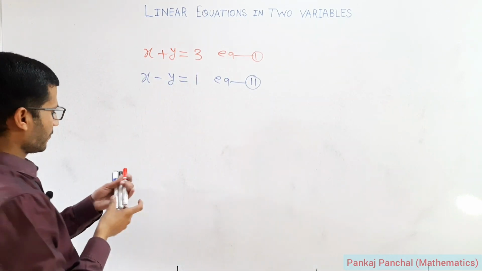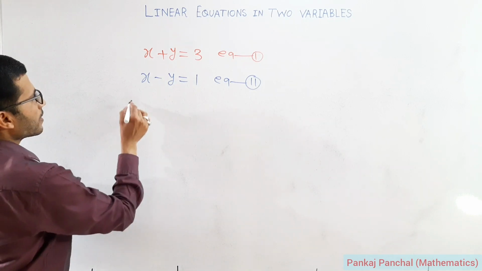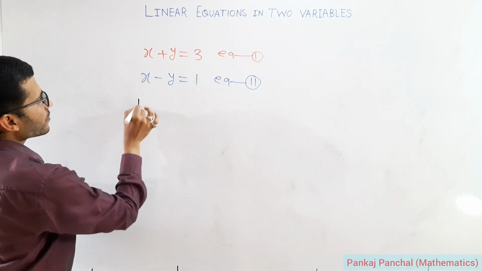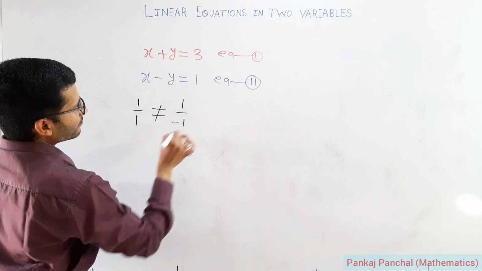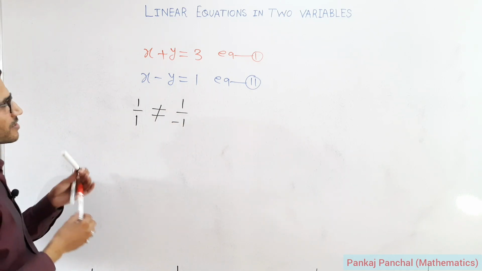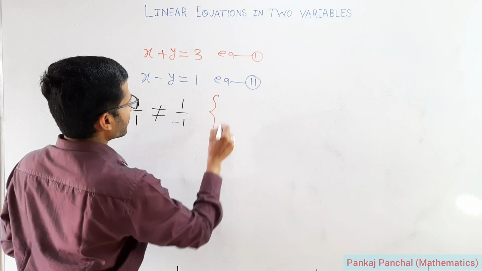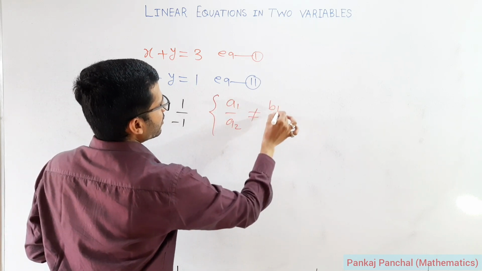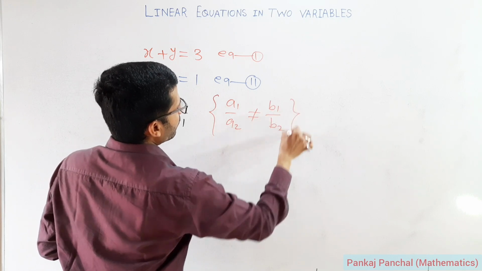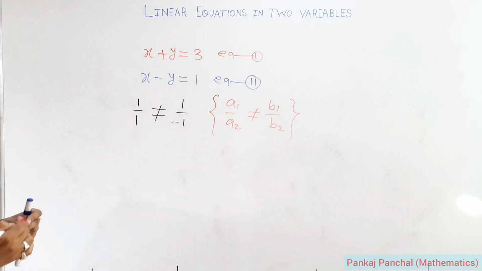So check these two equations. a1 upon a2, that is 1 upon 1, is not equals to 1 upon minus 1. This is a1 upon a2 not equals to b1 upon b2. Now we have to solve it.